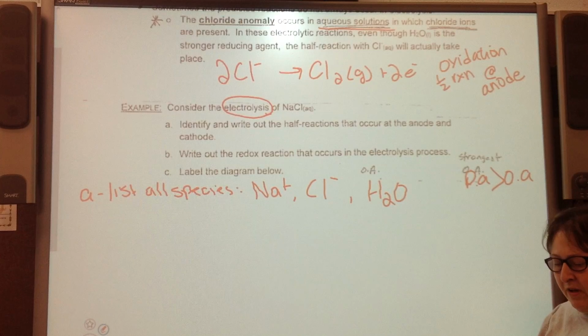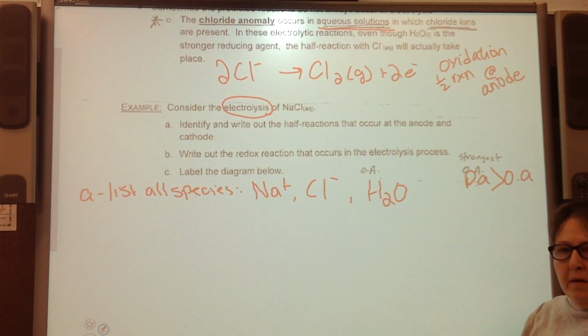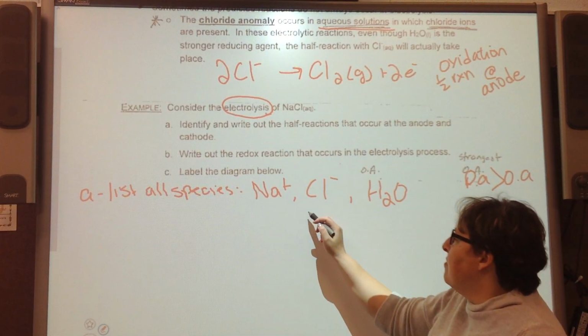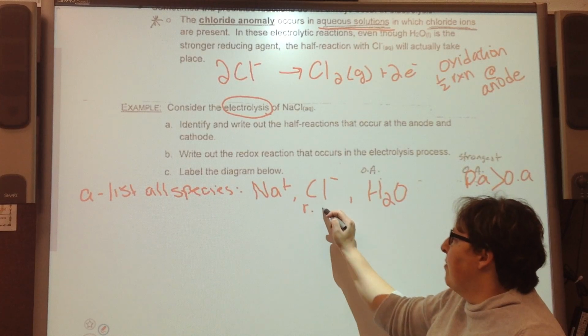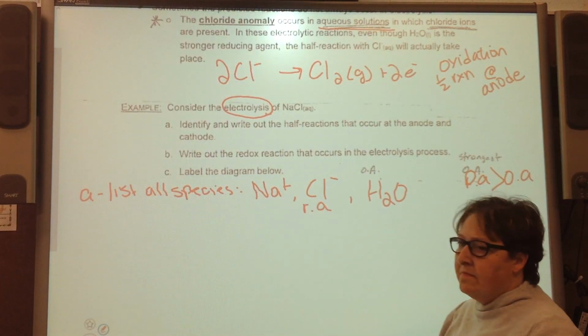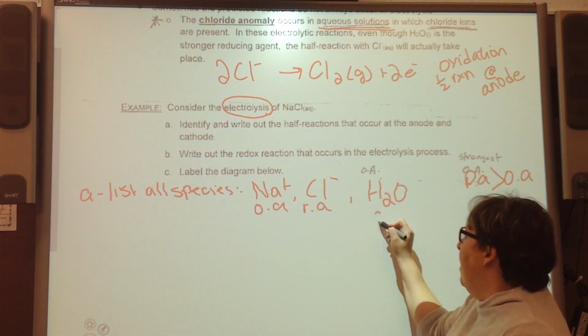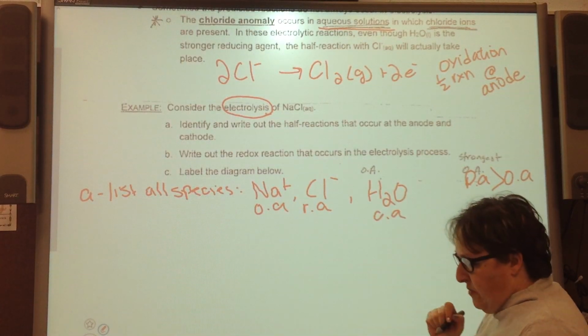So when we look, what do we find works out for that? When you look on your chart, chlorine being the reducing agent, and then sodium would be an oxidizing agent. And water would be your oxidizing agent as well.